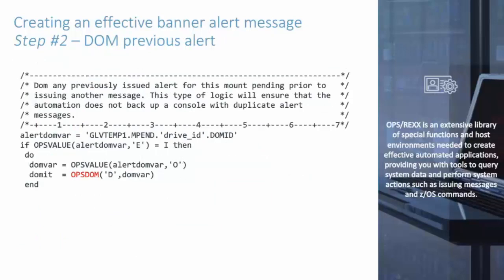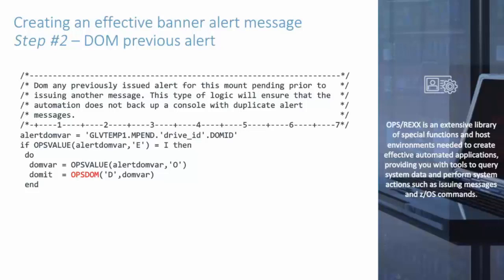If the alert message can possibly be issued multiple times within some short time period, including DOM logic prior to issuing the message should be included. DOM logic will of course instruct the system to internally DOM or low light a previous duplicate alert to avoid console backlog. In this code, the required alert DOM ID variable that contains the WTOID of the previously issued alert was saved within a unique OPSMVS global variable.